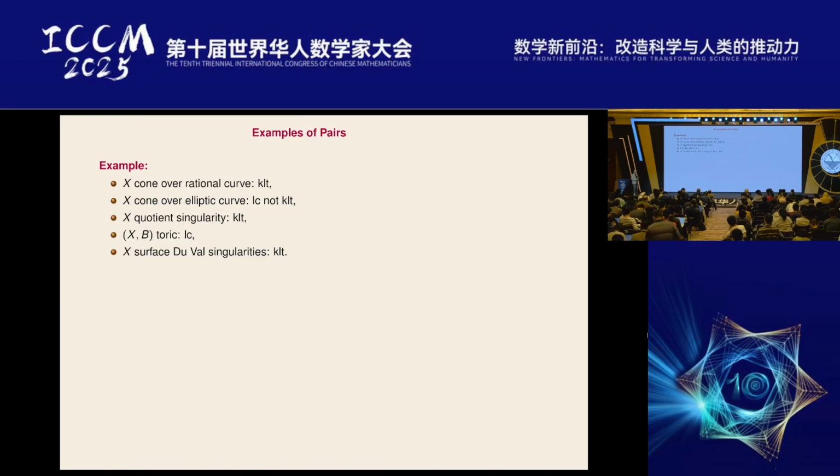So these are a bit more non-trivial examples. Of course, you can write down a much more complicated list. In my career as a student and as a mathematician, I think I have never seen anything more fascinating than the notion of singularity. It somehow contains almost everything in mathematics.